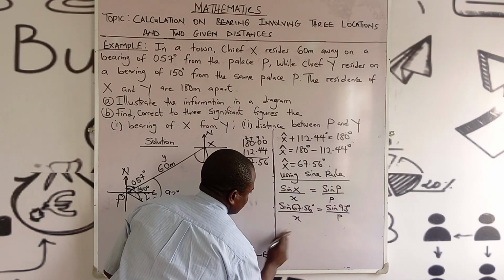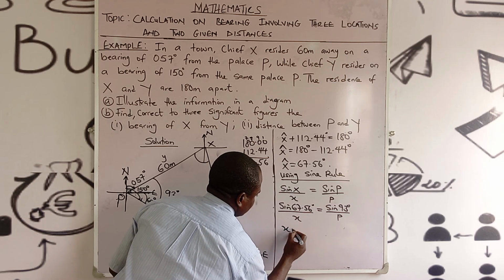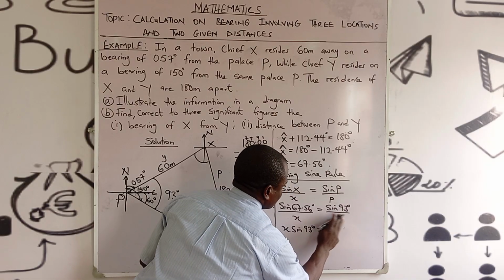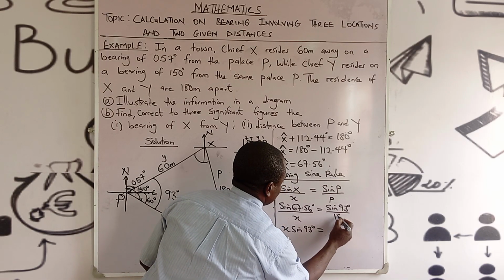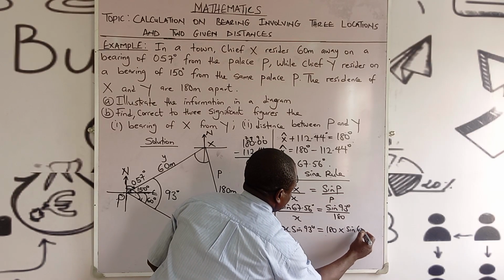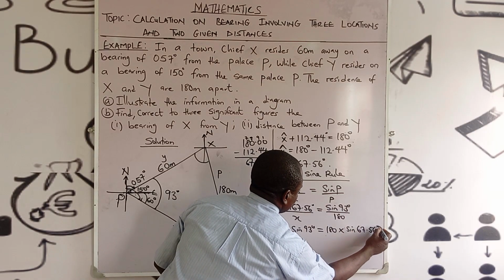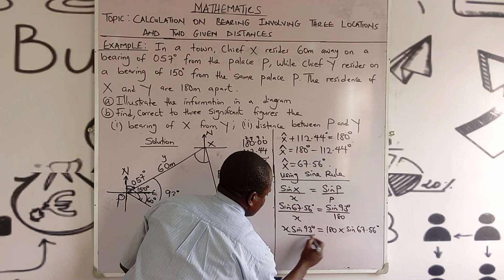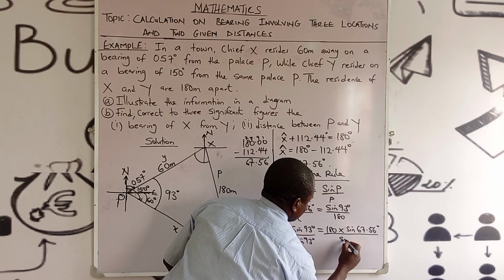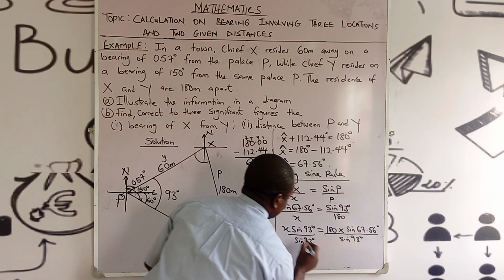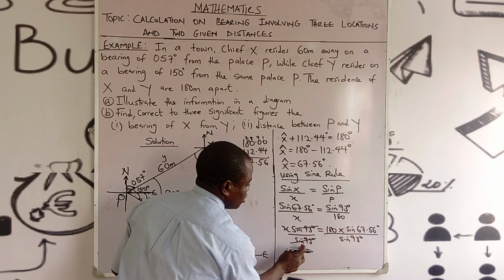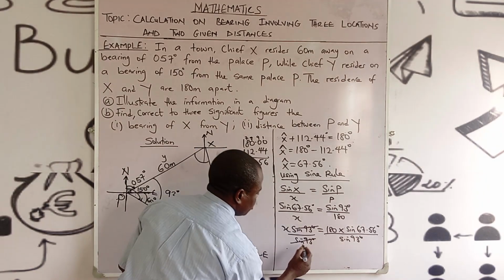Multiply x by sine 93 degrees equals, what's our p? We have p to be 180 meters. 180 times sine 67.56 degrees. Divide both sides by sine 93 degrees, sine 93 degrees cancels sine 93 degrees.